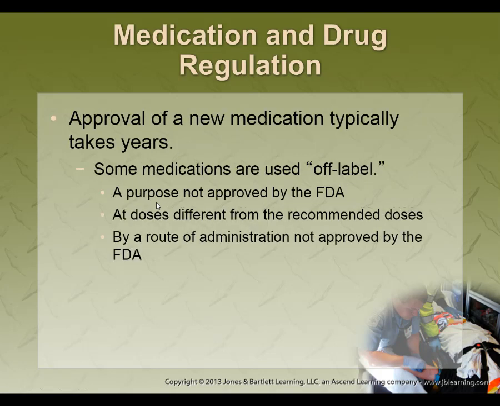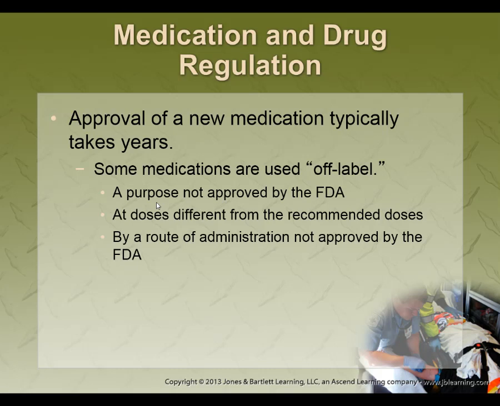Approval of a medication takes many years through animal trials, human trials, multiple steps that every drug has to go through. But there are medications that we use for other purposes. Off-label basically means that the FDA approved a medication to be administered a certain way or given for a certain thing, but we use it for something else.